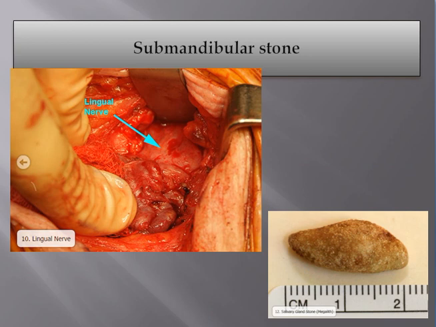The lingual nerve, the same. It can be visible and it can be easily ruptured or injured by a scalpel. So without any scalpel. In the last picture you can see a removed stone.